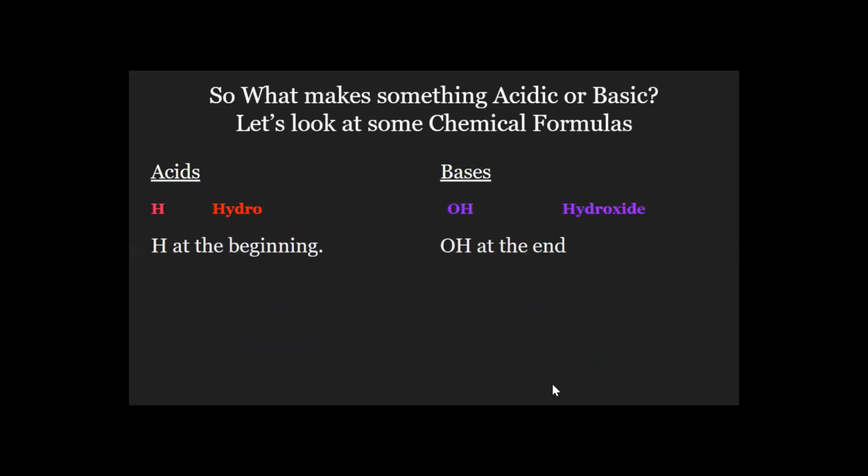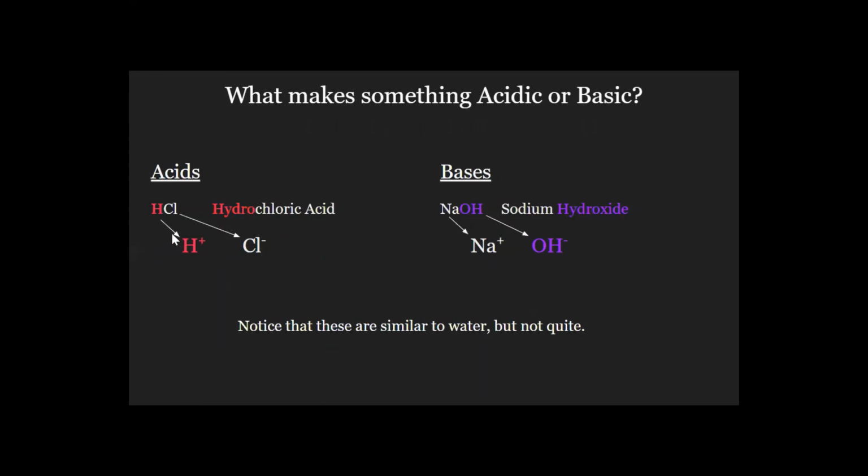Okay, so what makes something acidic or basic? Acids have hydro, or H, at the beginning, and bases have hydroxide at the end. It's a really good clue that it's an acid or a base. And the reason for that is, if you think about them as ionic compounds, we have a positive side, a cation, and an anion.